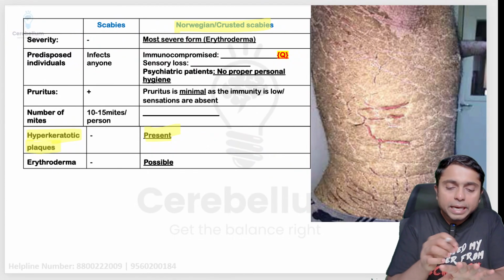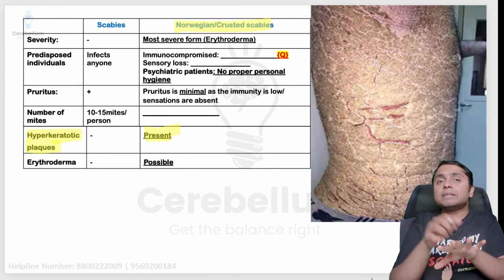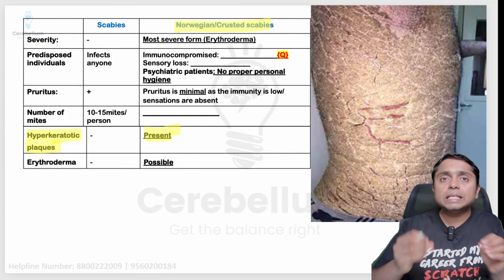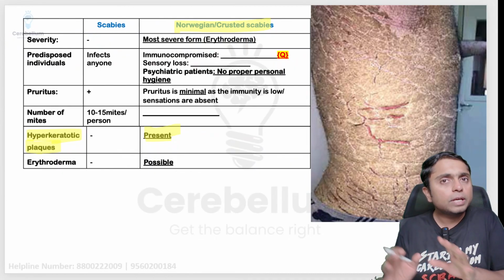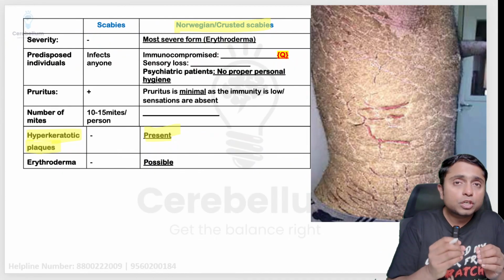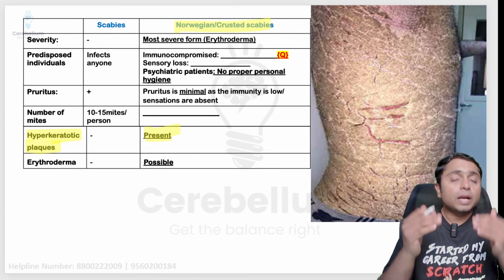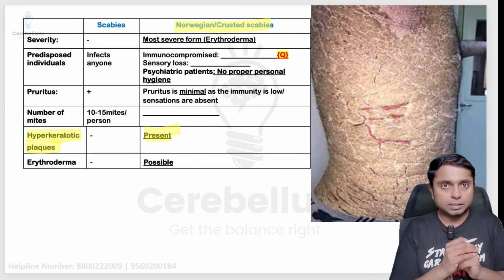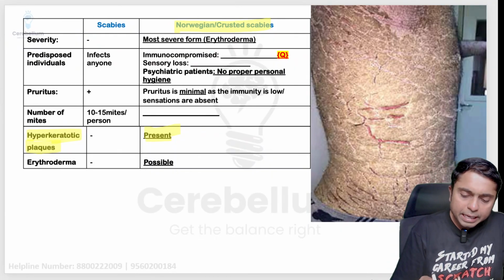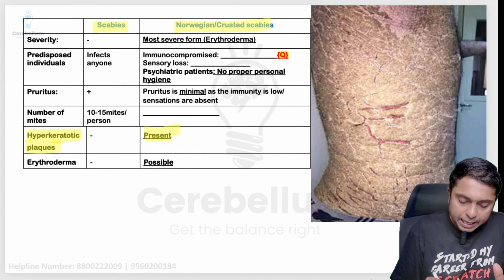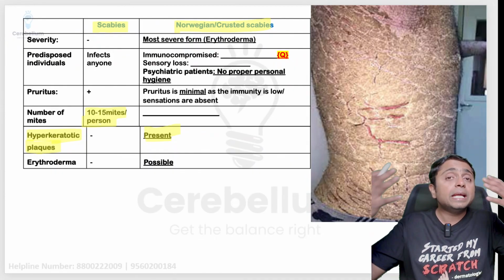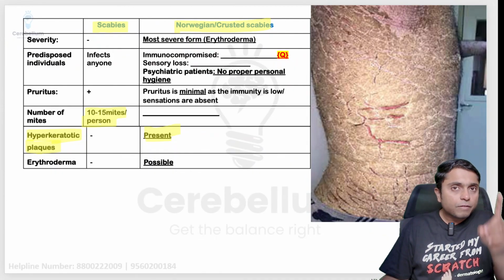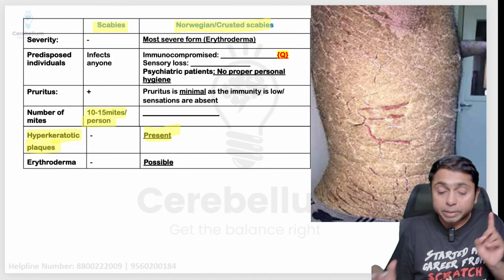Why? Because of this itching, there will be dislodgement of the mites from the body, and they will go into the environment. The reproduction of the scabies mite will be reduced in the skin surface. Okay, that is the reason why in normal individuals, in normal scabies, the number of the mites are going to be just 10 to 15 mites in a given person. Whereas in the Norwegian scabies, what happens?